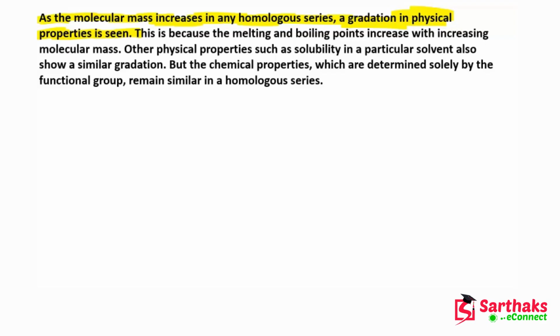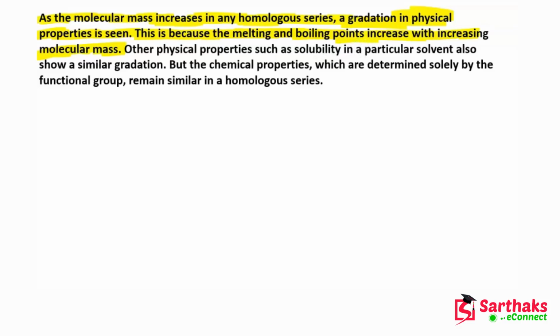If molecular mass increases, then you can see a gradation in physical property. This is because the melting and boiling point increases with the increase in molecular mass. So you can see that the melting and boiling point is depending on the molecular mass.